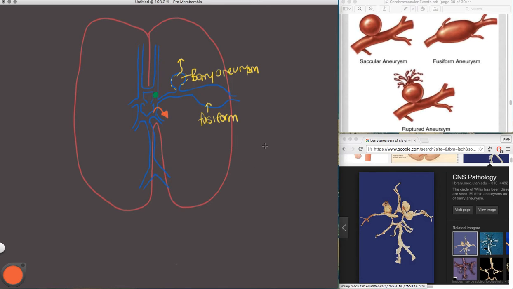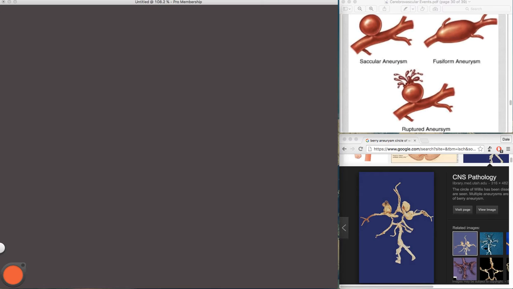So we start to see a number of specific signs and symptoms when we're looking at someone who develops a subarachnoid hemorrhage. So if we take a look and start breaking it down, there's a number of specific things that are related to this type of hemorrhage. So let's draw our little man and start breaking down the signs and symptoms we're going to see with him, and we'll start explaining why.